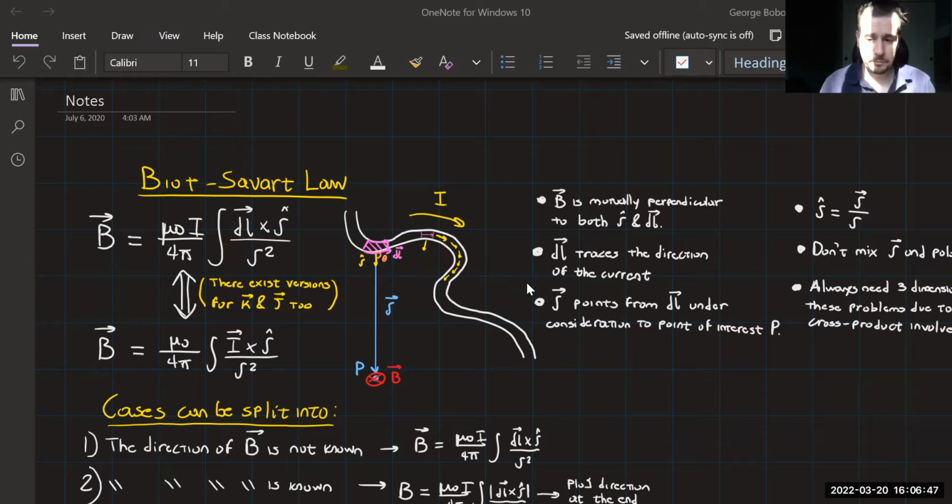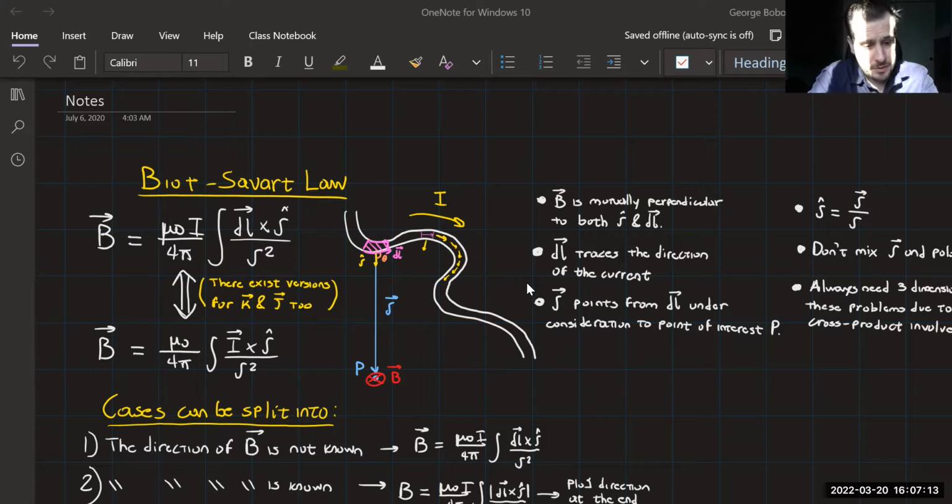If you were to put yourself, for example, in the frame of the current down a wire, you'd see electric forces because you would see stationary charges. But if you see the wire from afar, you see a current, and so you see magnetic forces instead. I'm not going to get too much into why or how to prove that, but you can prove that. And we do that as an exercise for Physics 342.